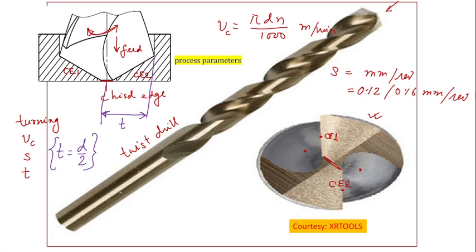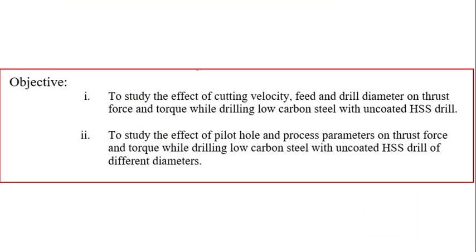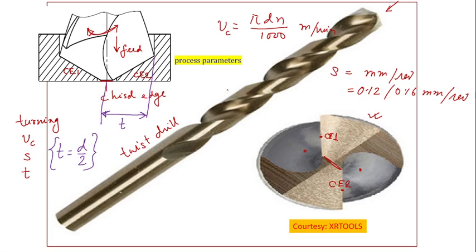So these are the process parameters, and we are going to study the effect of cutting velocity, feed and drill diameter. Drill diameter affects your depth of cut, on two things: on thrust force and torque. When you are drilling, the drill would be subjected to a thrust force and it would also be subjected to a torque.